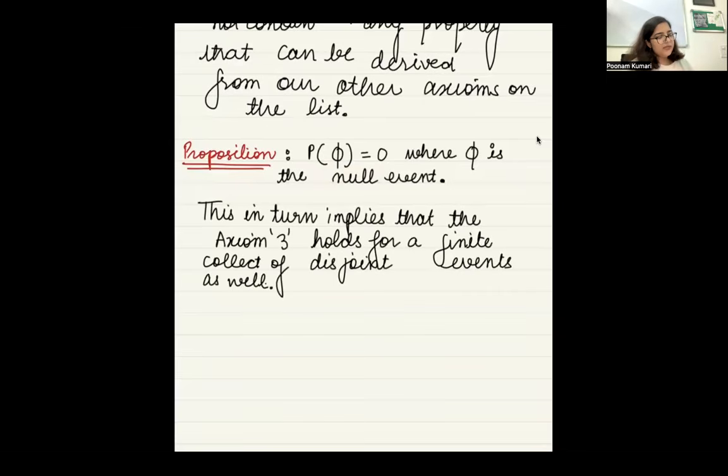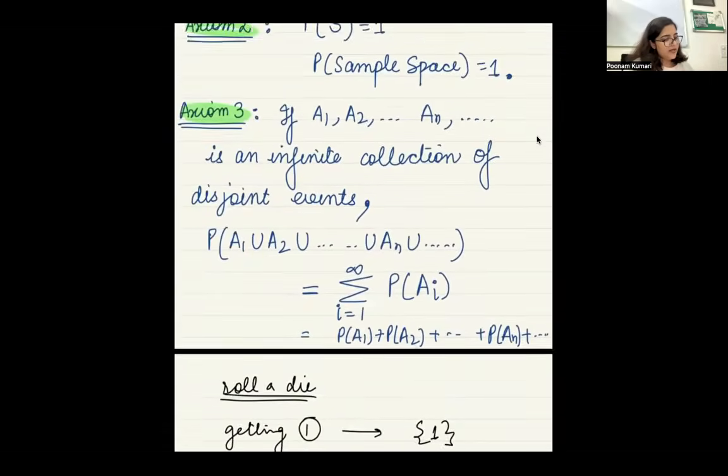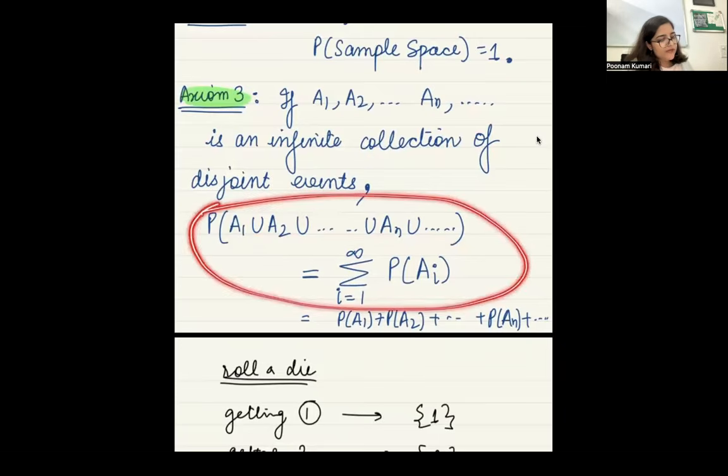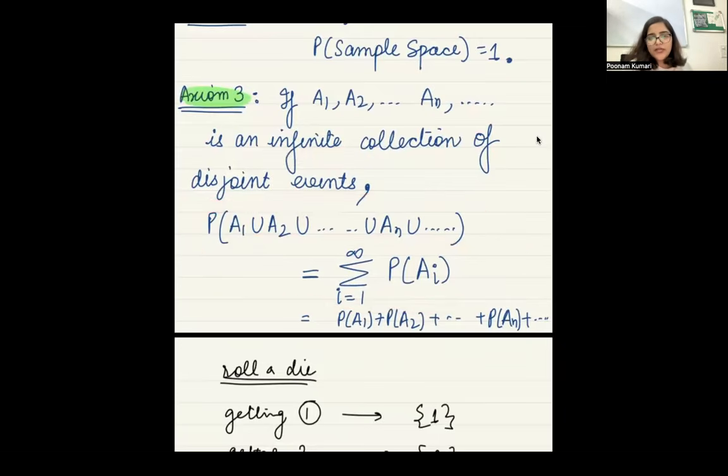So if this statement is true, that means this third axiom that we had, where we had infinite collection. So here what they are saying, if probability of null event is 0, this particular condition holds for a finite collection of disjoint events as well. So A1, A2, A3 up to AN, let's say these are the finite disjoint events.